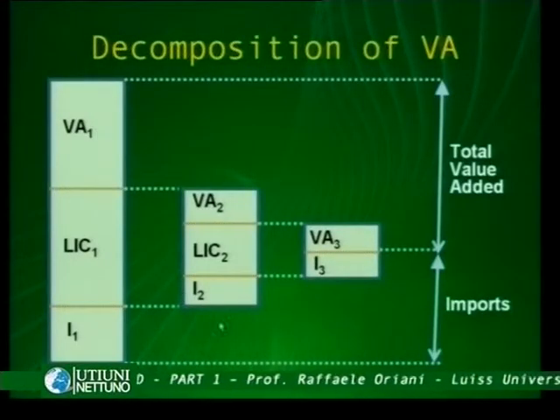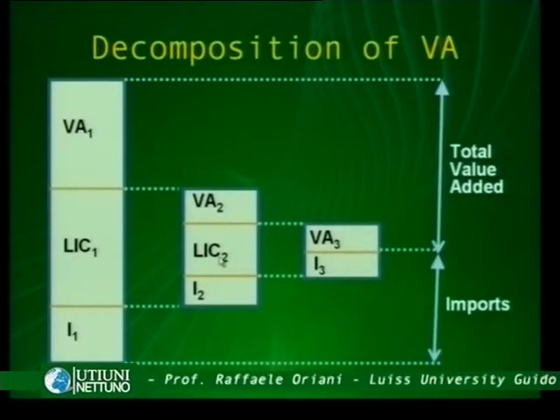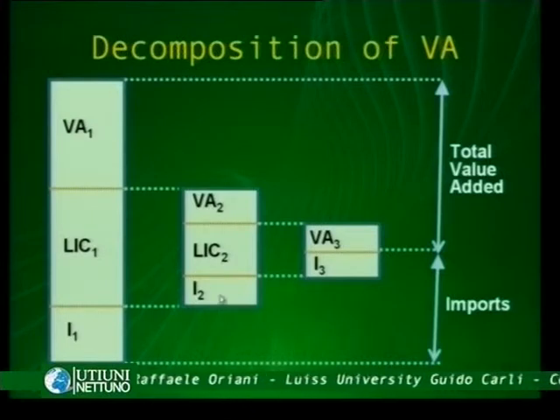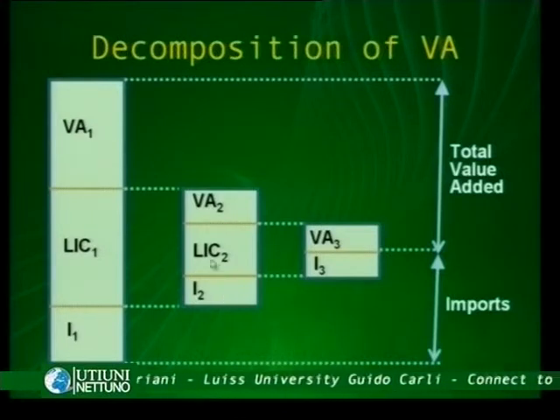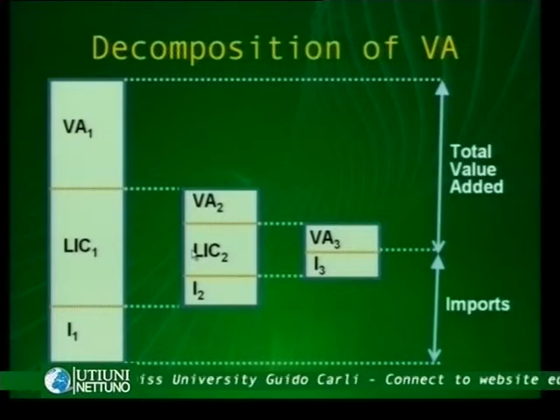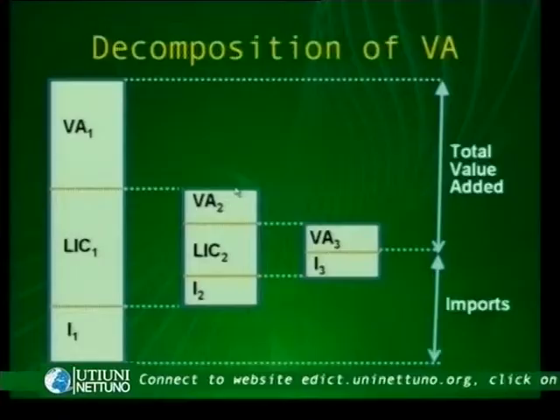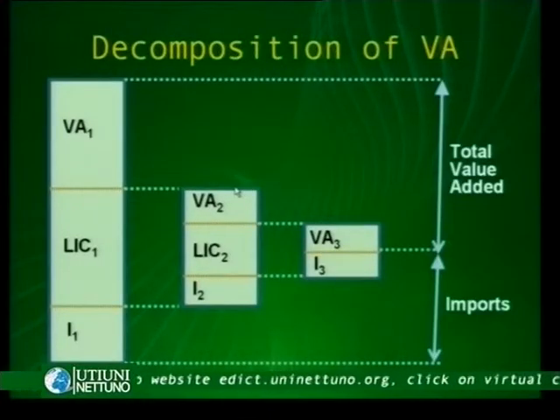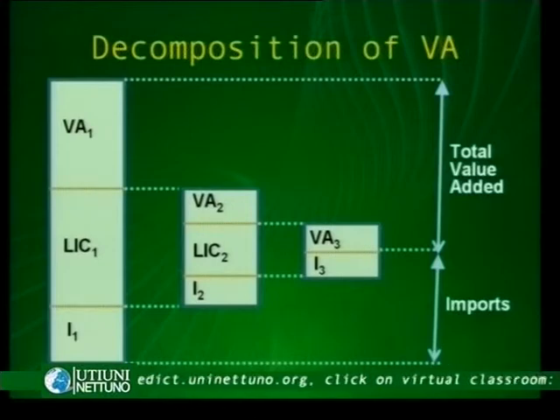Clearly, if we look at the value of the local intermediate components, we can see that there is a part coming from imports, so that is excluded again. There is again a part that is related to local intermediate components, and again this is not part of the value added, but there is a component of value added that is indirectly linked to this project. And so if we are more precise, this part of value added should also be included in the total value added of the project.